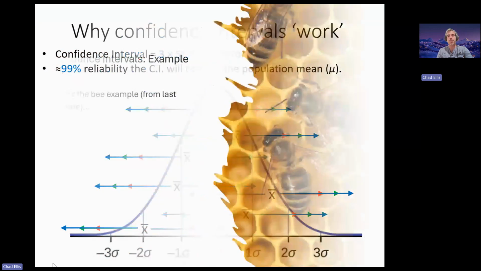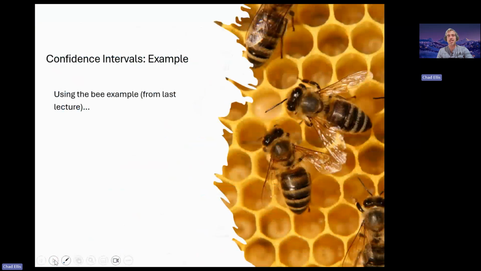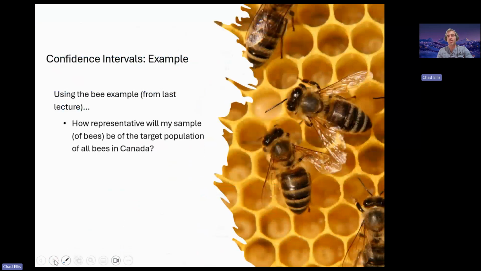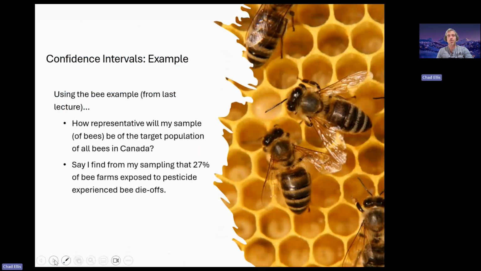So going back to the end part of the last video when we were talking about sampling and our pesticide bee example, we're interested in going out and measuring the effect of pesticide use on bee populations. That's our target population across Canada. So say I go out and I do my measurements at those bee farms in Quebec, 50 bee farms with pesticide use and 50 bee farms without pesticide use, and say that from my results, 27% of the bee farms exposed to pesticide experienced die-offs.